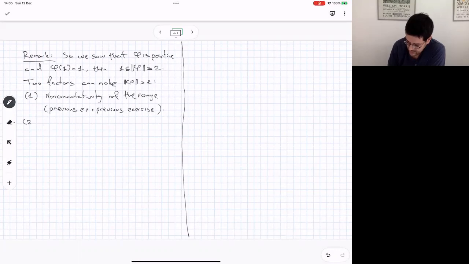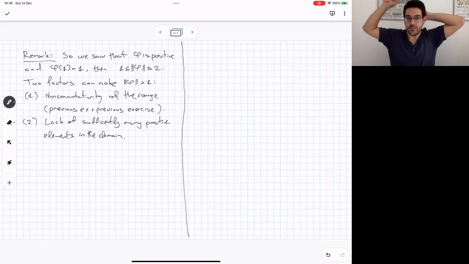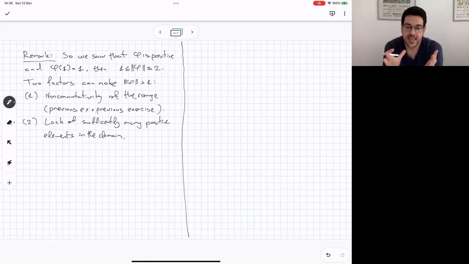The second thing that can make the norm of phi be greater than 1 is the lack of sufficiently many positive elements in the domain. What do I mean by this? I mean that the domain is an operator system.